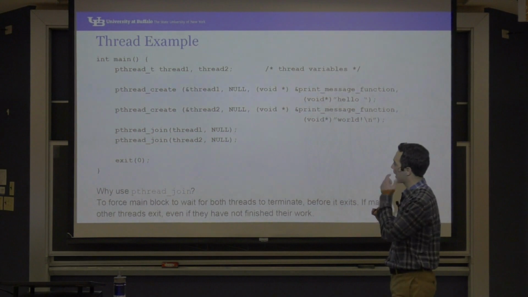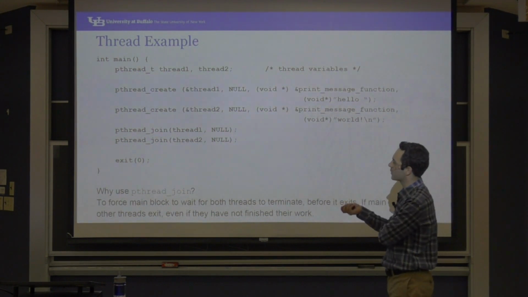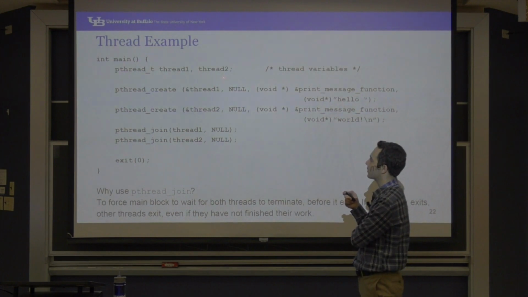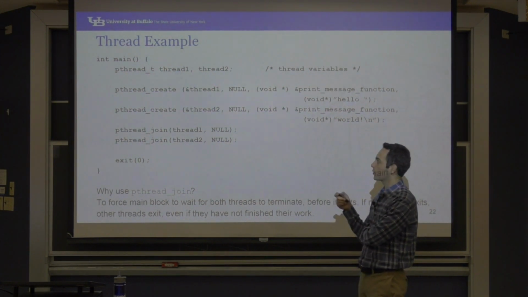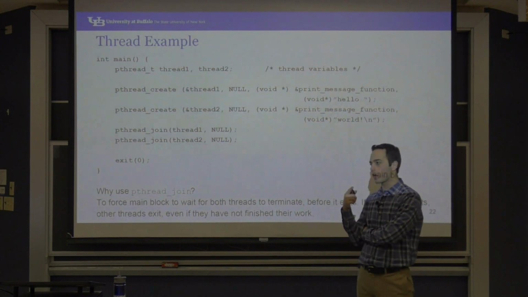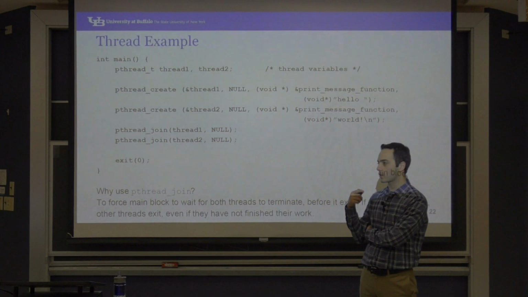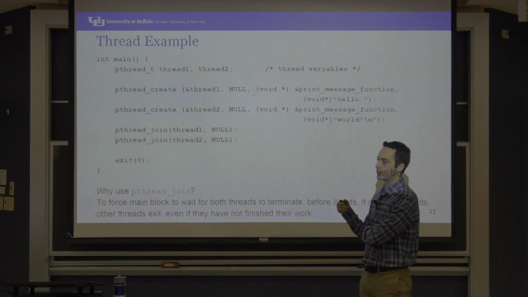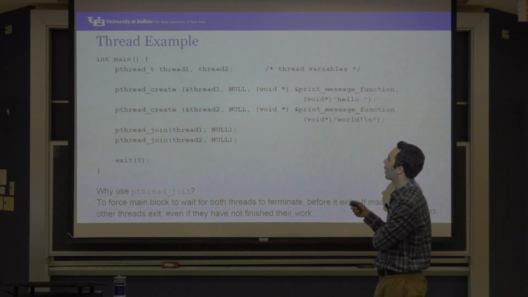So this is an example, and we're going to talk about create and join. You define two thread variables of type pthread, because the threads have an ID, or ways to point to them, but they're of type pthread. This is a struct.